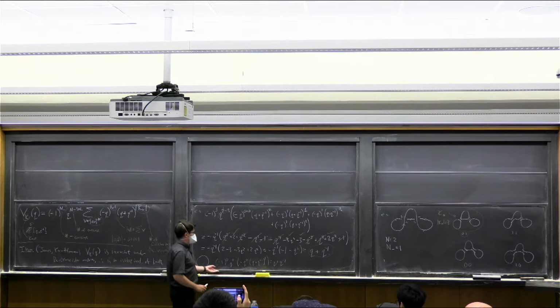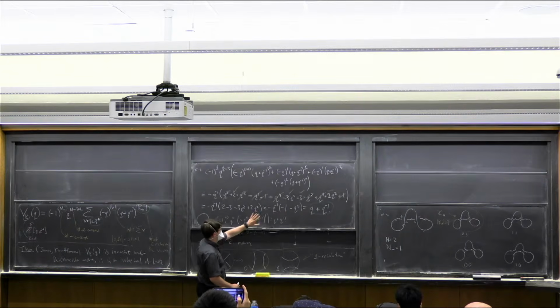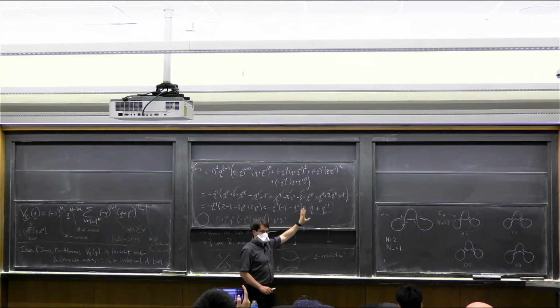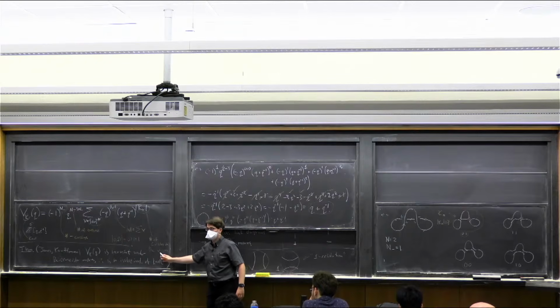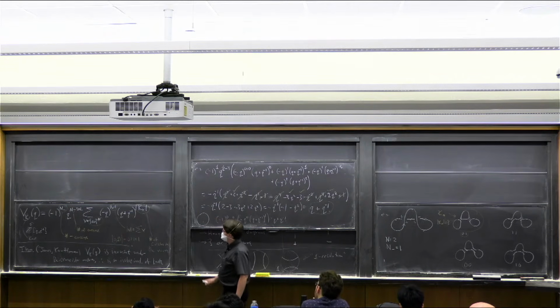I think I just erased the Reidemeister moves. They were here. But you could imagine seeing how this changes if you introduce a new crossing or a new pair of crossings. It's pretty easy to check that this doesn't change much, and so you get a knot invariant.